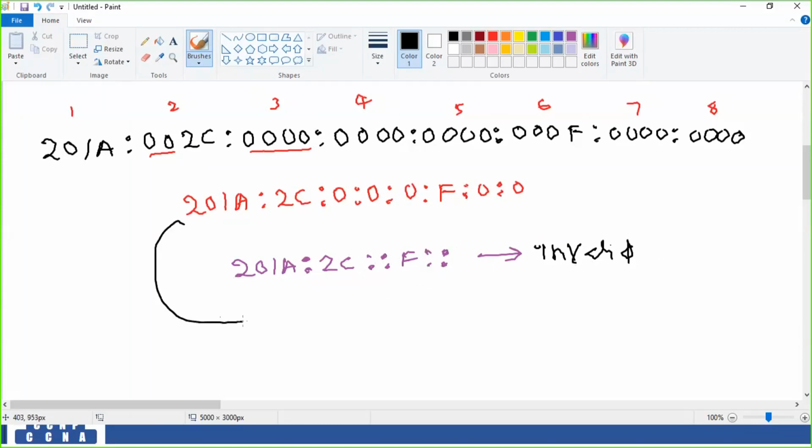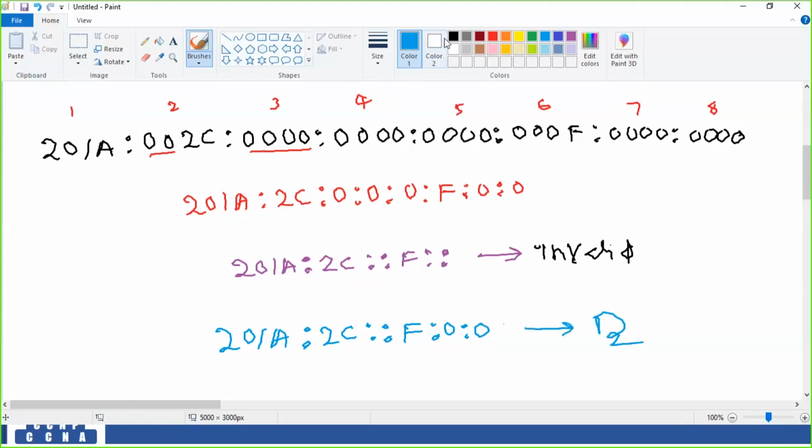Tell me now, how can we finally represent this? 201A colon 2C colon 2C double colon F colon F colon 0 colon 0. Now this IPv6 address I have to assign to a device. What does the device understand here? How many fields did we assign? 1, 2, 3, 4, 5.